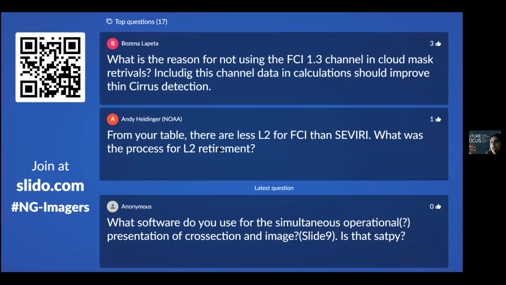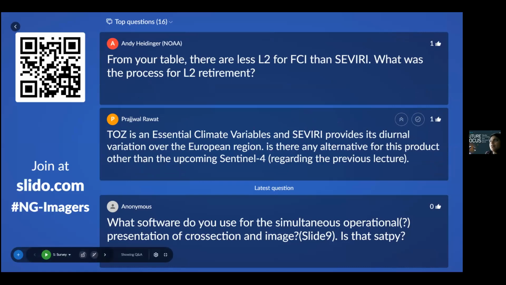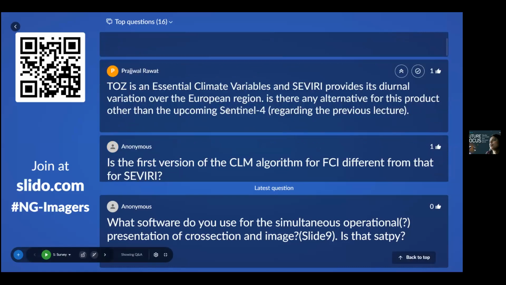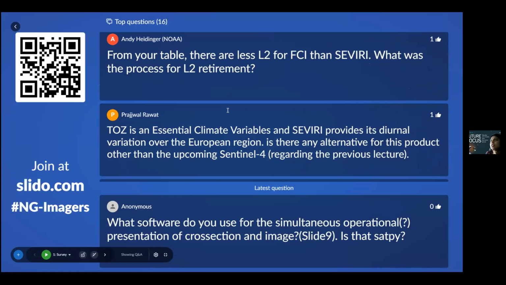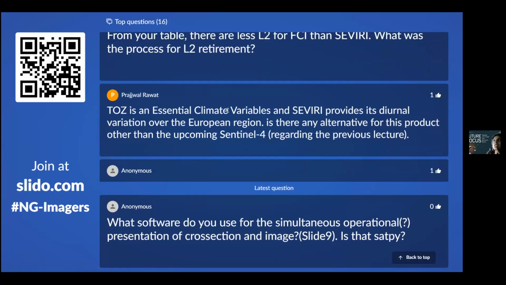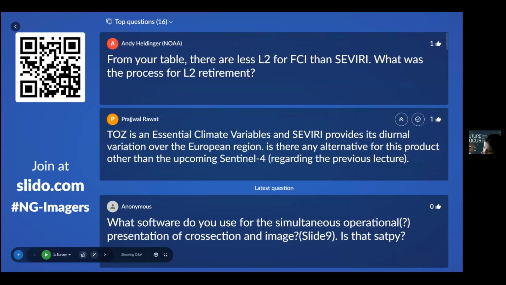From Andy Heidinger: from your table, there are fewer level 2 products for FCI than for SEVIRI. What was the process for level 2 retirement? I think this was a question to the first talk. Sauli, maybe I can jump in here.